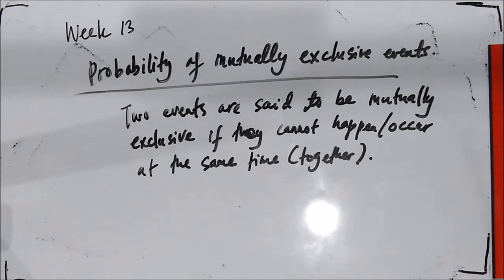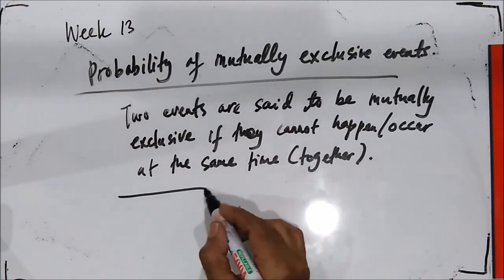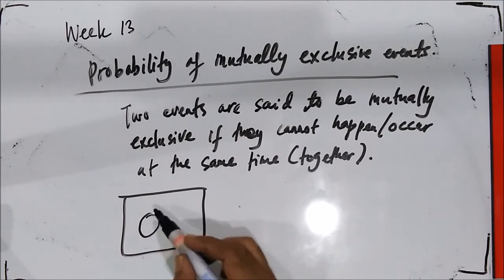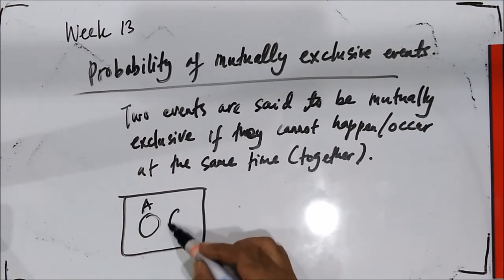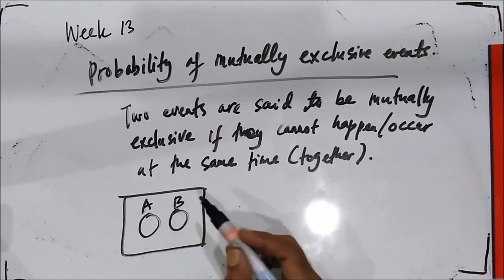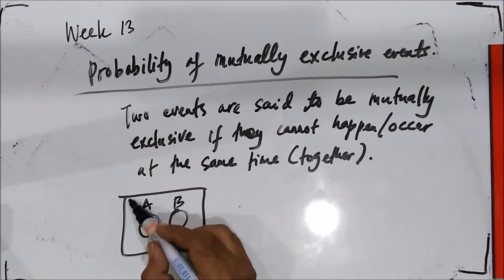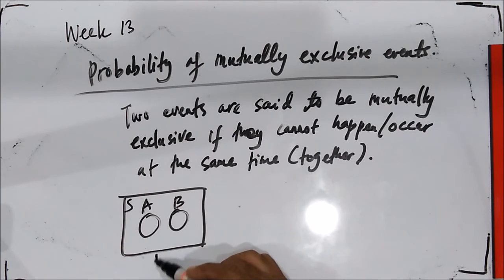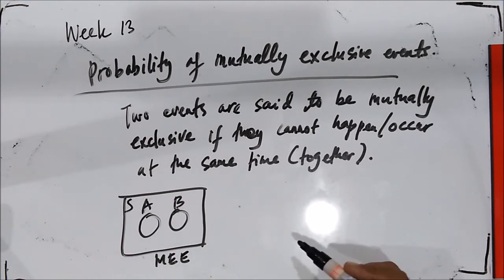By diagram, if I draw a Venn diagram, I have two events A and B, and here is S, and this is said to be a mutually exclusive event.